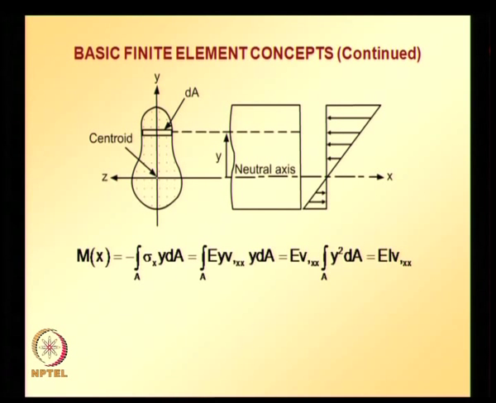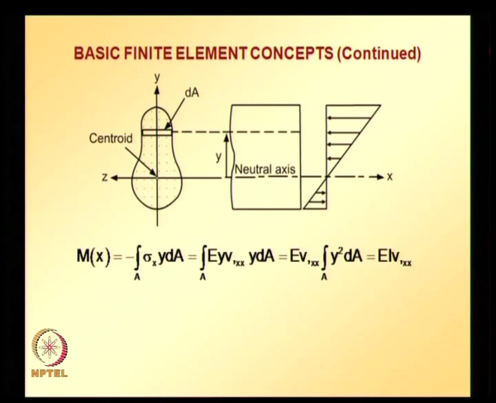So, it is minus integral sigma x y dA, and the sigma value is substituted there, and finally, it is equal to E I times the second derivative of transverse displacement.